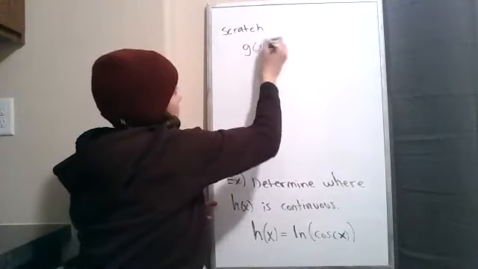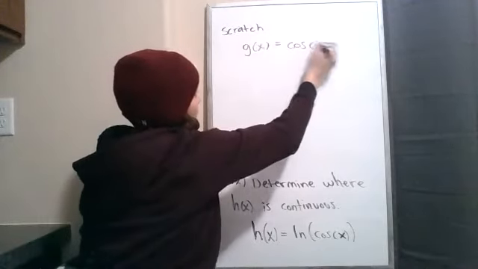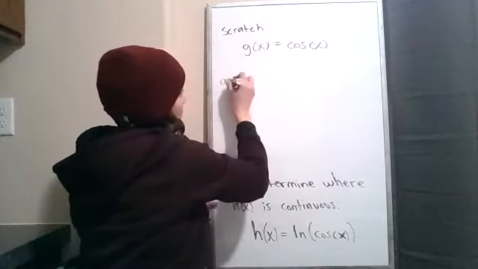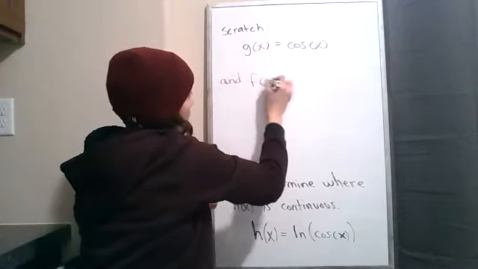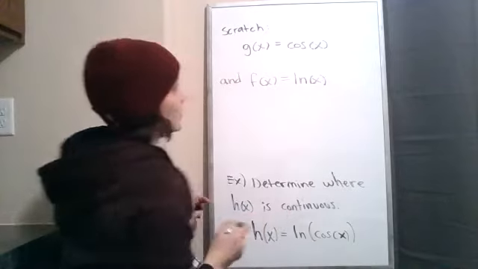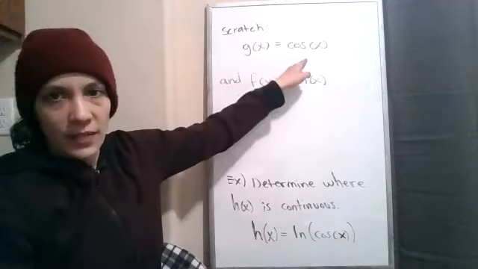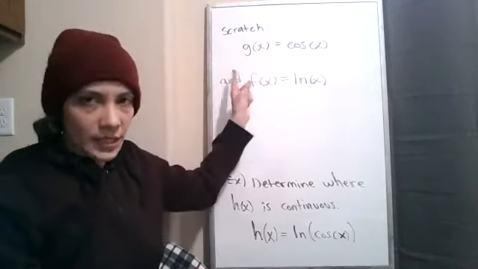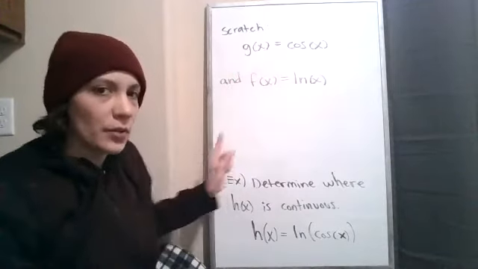g of x is cosine of x. And f of x would be ln of x. Cosine of x is a trig function, so it's continuous on its domain, which is all real numbers.